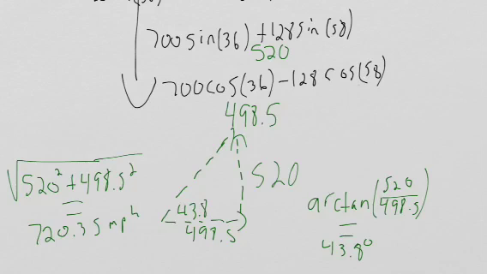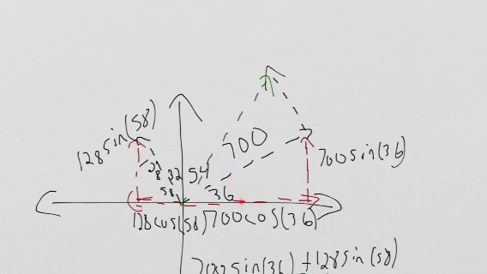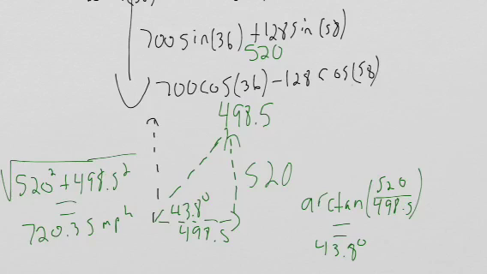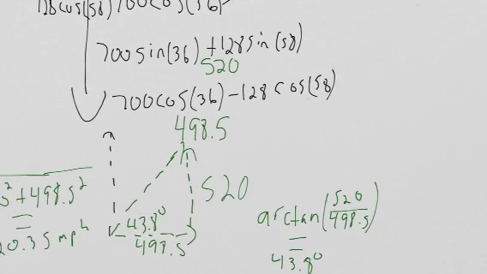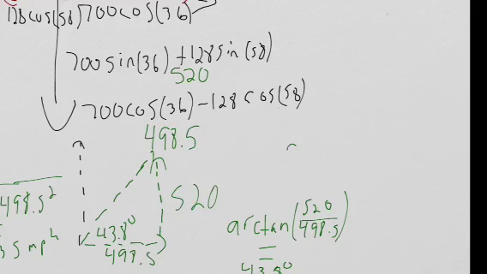But if we think about how far away from north we are, we're not 43.8 degrees away from north. If we were to draw north, it would look like that, and we'd actually be looking for this angle. We're not looking for this angle, we're looking for that angle. So we're going to do 90 minus 43.8 in this case, which we don't always have to do. You just have to look at your picture and figure it out. But in this case, we have to do this. 90 minus 43.8 is actually 46.2.